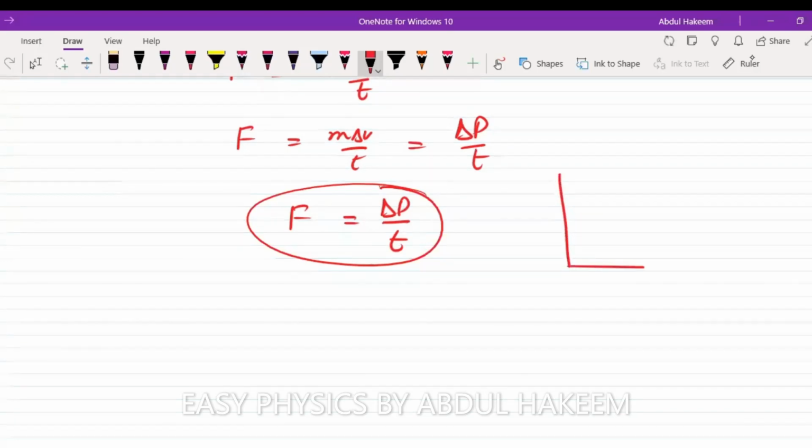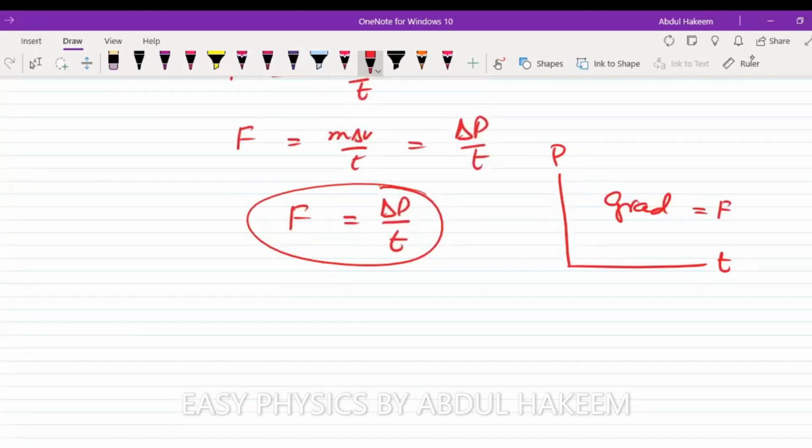If the graph is plotted between momentum and time, then its gradient is equal to unbalanced force. And the change of momentum is also equal to unbalanced force times t. So force Newton times second, this is the SI unit of momentum.